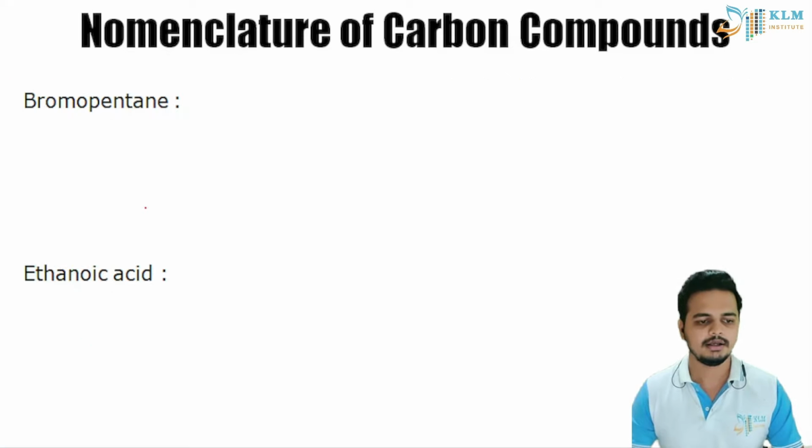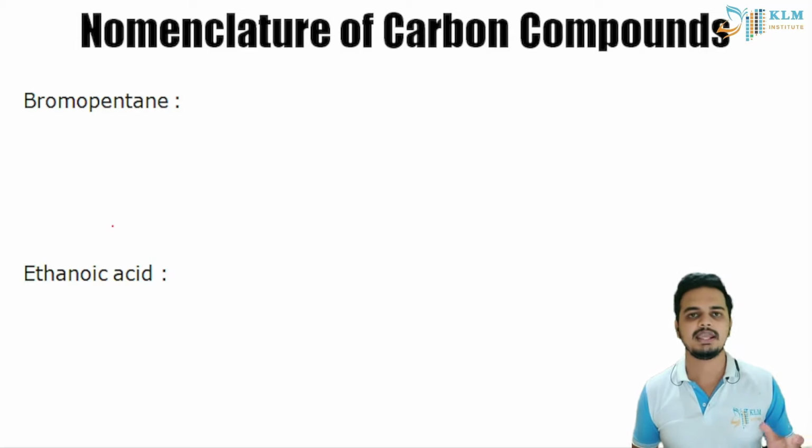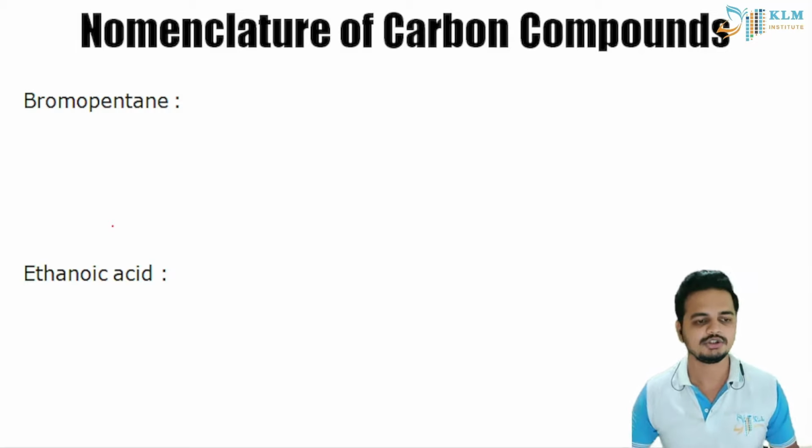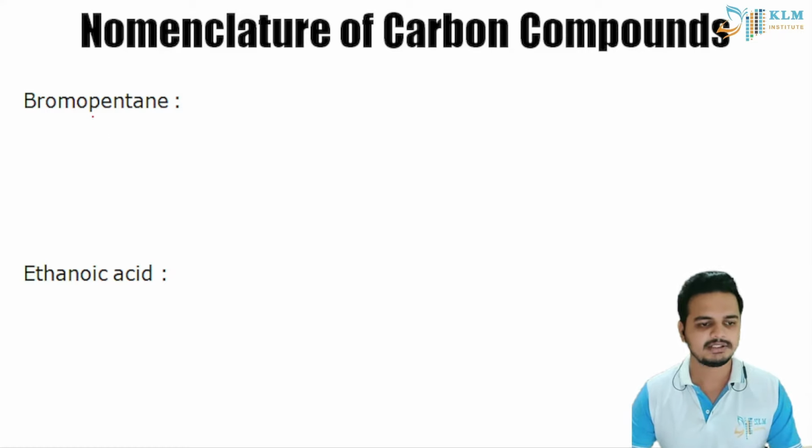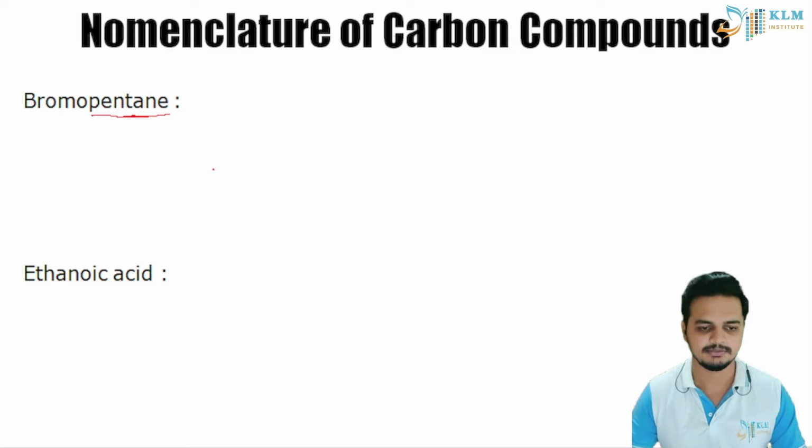So we learned how to name a compound. But if you are given a name, can you write its structure? Of course you can. So you know that bromo is a functional group. So let's fill it later. Now we will check the root word, bromopentane. So pentane says that it has 5 carbon atoms. So first we'll draw 5 carbon atoms. 1, 2, 3, 4, and 5. We will add a single bond to it.